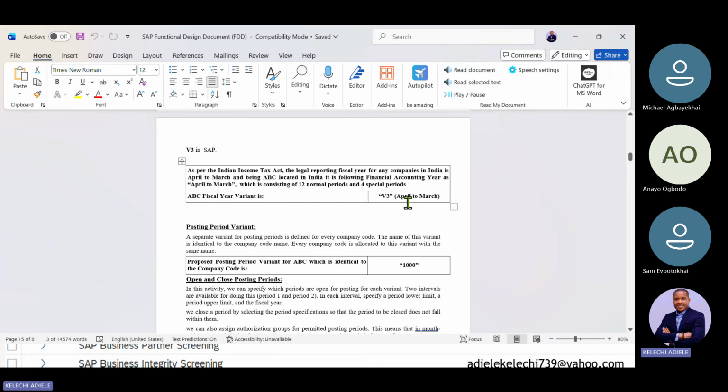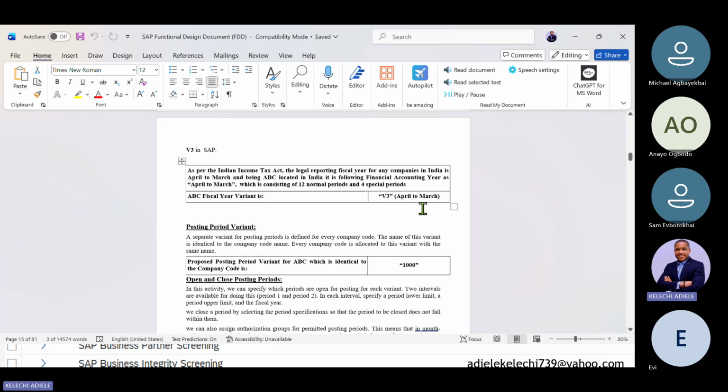It's from January to March, so it will spill over to the next financial year. Of course, in the UK, that's how reporting happens. So basically, this is their fiscal year variant. It's not a calendar year; it's a non-calendar year. That's what I was trying to pick out.